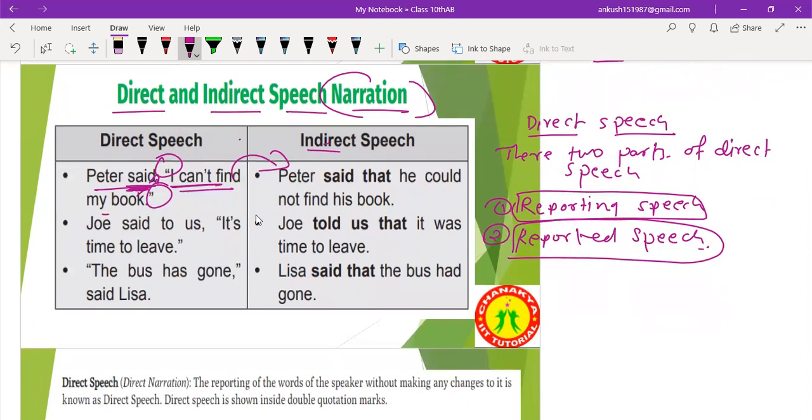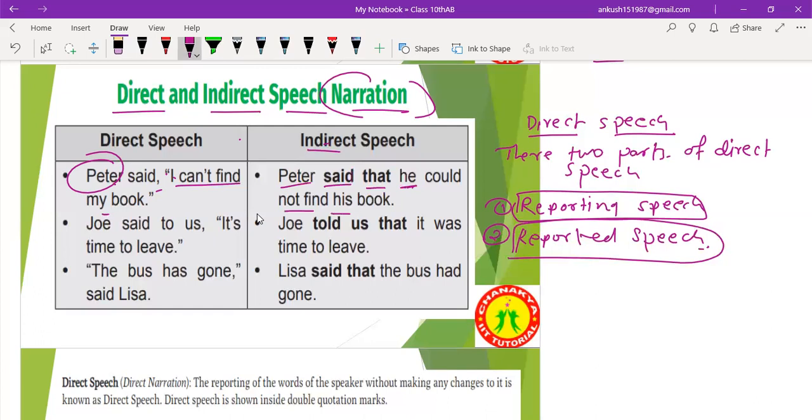In indirect speech, if these are the words written within inverted commas, those words are Peter's. Peter's words I would say in my own words. As Peter is a third person and proper noun, I would say Peter said that, because to join the sentences, he could not find his book.